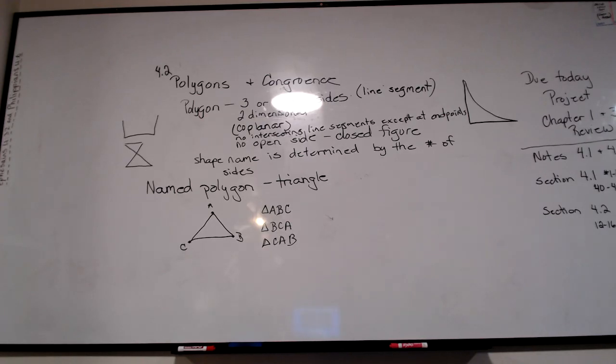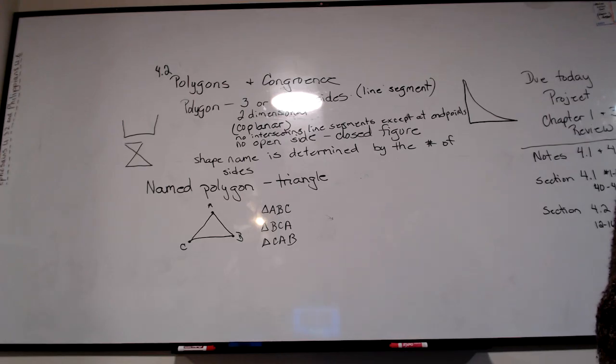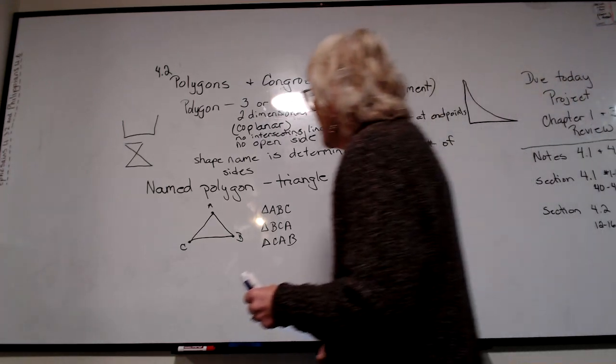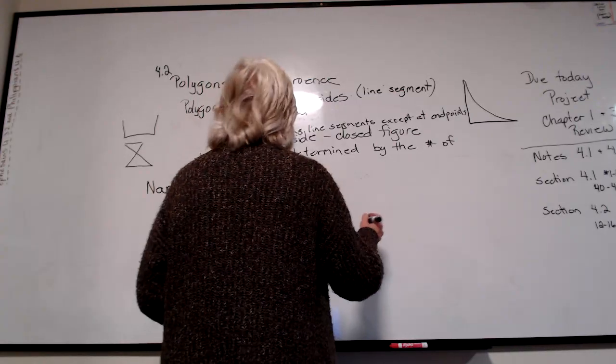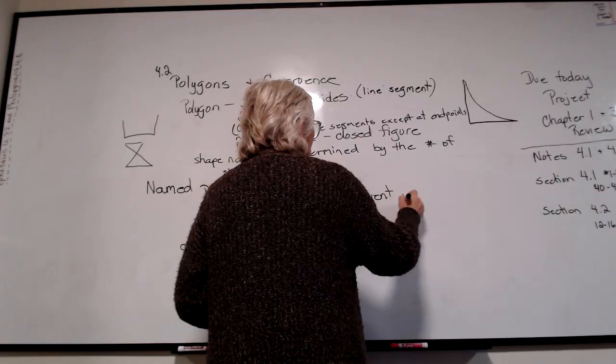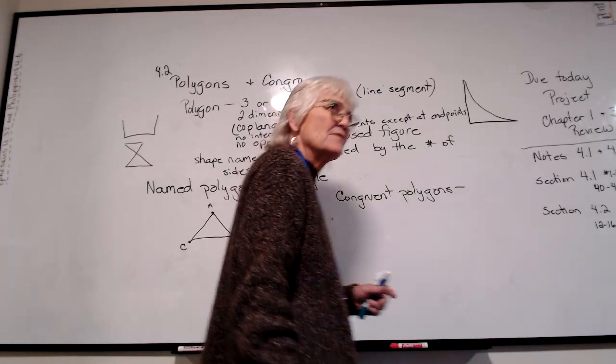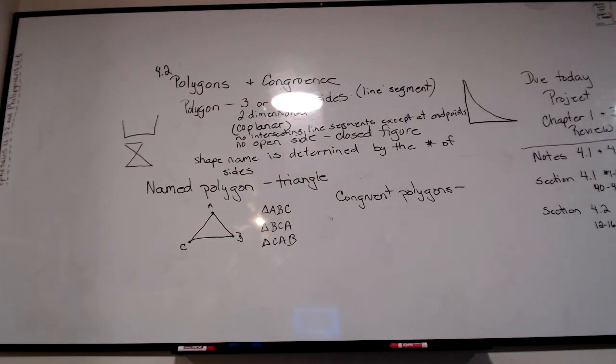Okay. The reason that's important is when we start talking about congruence, we have to have corresponding angles matched when you name the triangles that are congruent. Okay. So, basically, if I have congruent polygons, what do you think that means? If two polygons are congruent, what does that mean? They're the exact same.